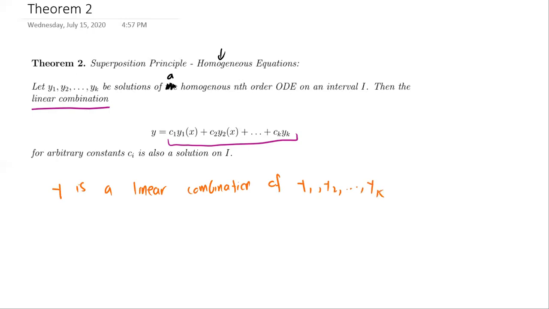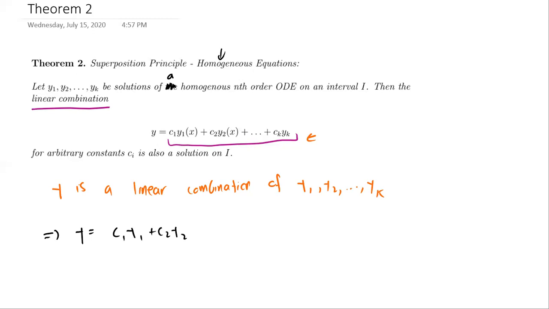So anytime I say y is a linear combination of y1, y2, up to y sub k, immediately think of an expression like this. That always means that y is equal to an expression like this.